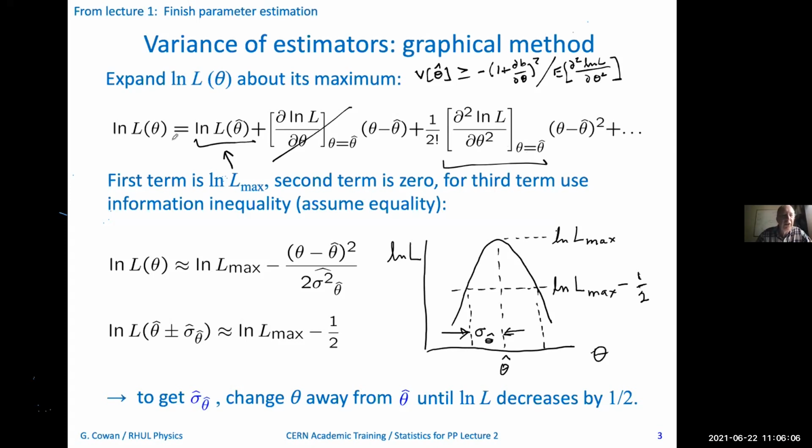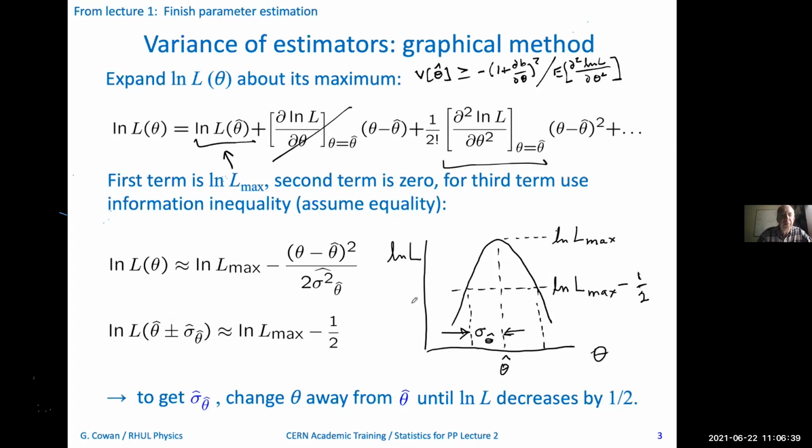All right, so let me take this Taylor expansion now and rewrite that as log L is approximately equal to log L max, and then what I've done here is I've replaced this second derivative term by the corresponding minus 1 over the variance of theta hat. So that's interesting. That says that the log likelihood function in the neighborhood of the peak can be approximated by this parabola.